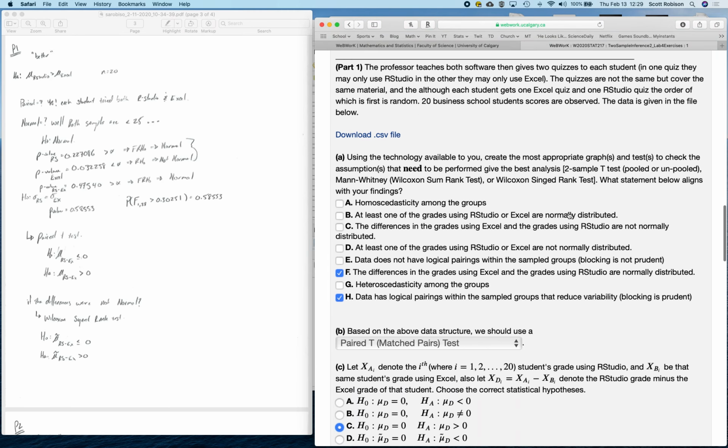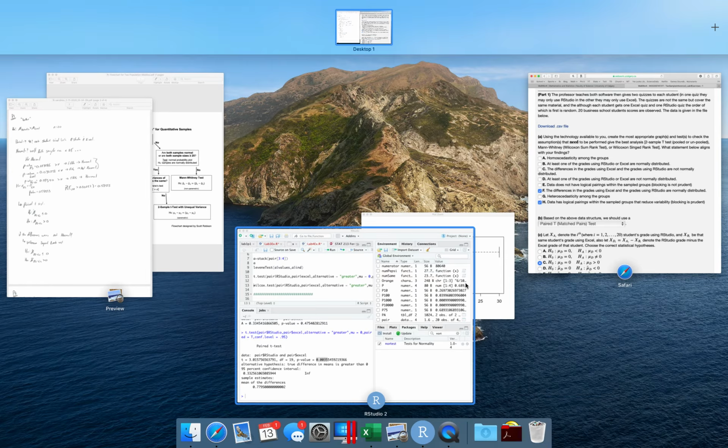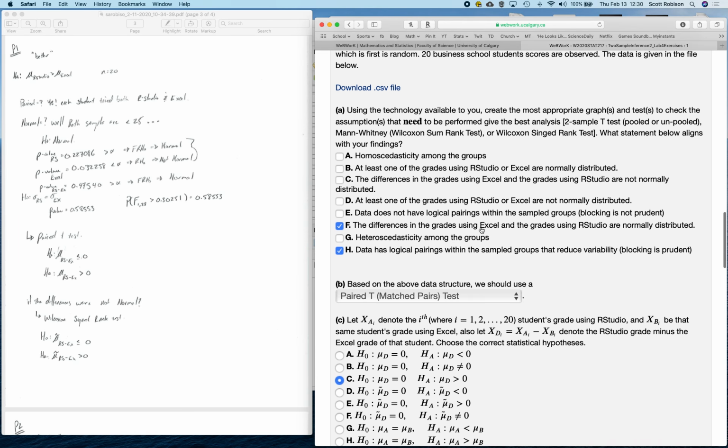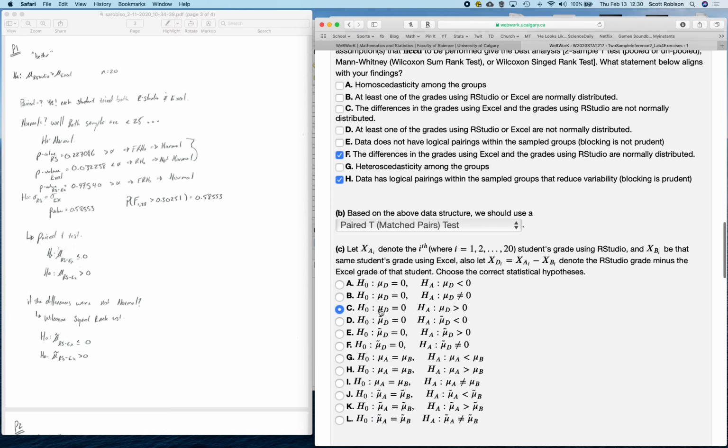Okay, so here just going through what did I have to put in using the technology, what did we need to do? We needed to find if the data had pairings, and then we needed to find if the difference of pairings was normal. We didn't have to run Levene's test. We didn't have to do anything else. All we had to do, just going back to the flow chart, we decided they were paired, and then we decided they were normal. The differences were normal. Those are the two things that we had to do. Therefore, I ran a paired t-test here.